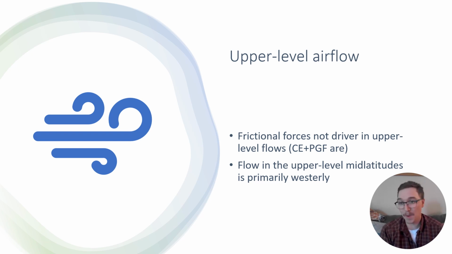But frictional forces are those imparted from the surface. And if we're in the upper level airflow, we're assuming that we're in the free atmosphere and that frictional forces are negligible or non-existent. The other thing, flow in the upper level mid latitudes is primarily westerly. We'll talk about that a little bit more as we go on here.